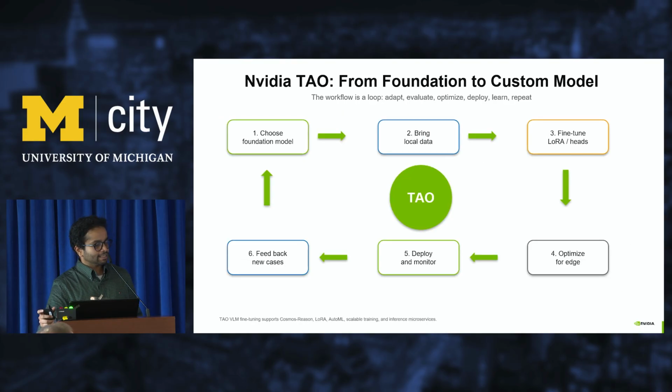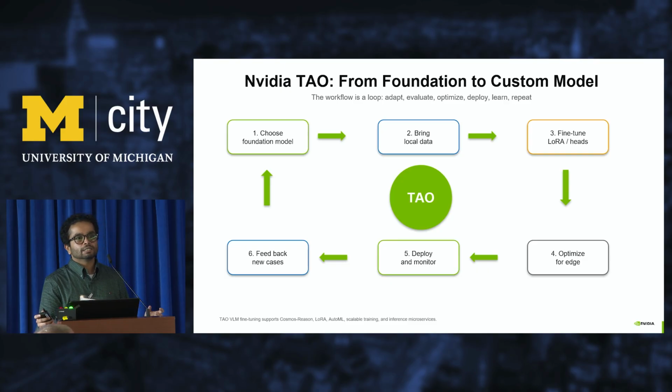So what is NVIDIA TAO? It essentially is a customization loop which the toolkit provides. You start with a foundation model, bring your own local data, and do very lightweight fine tuning on your local data to adapt to your local circumstances. Then optimize for edge.